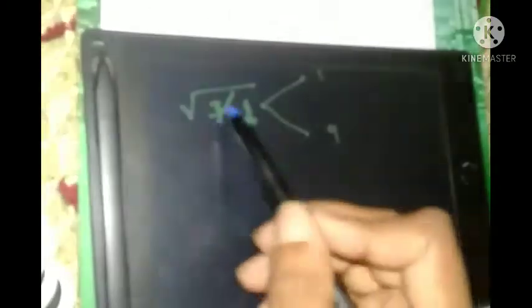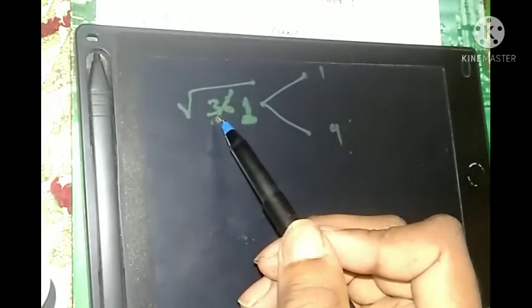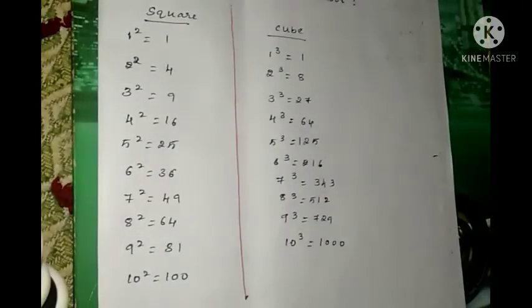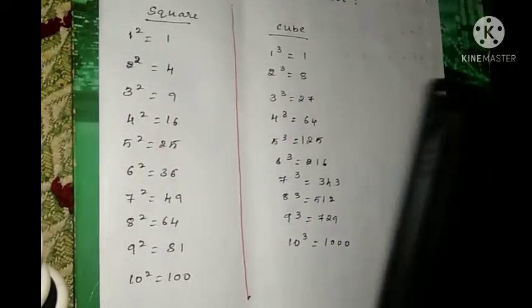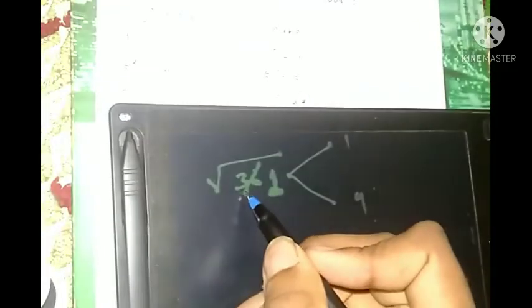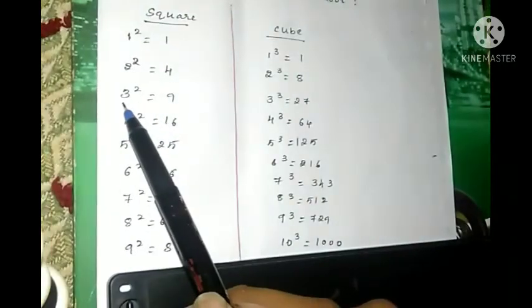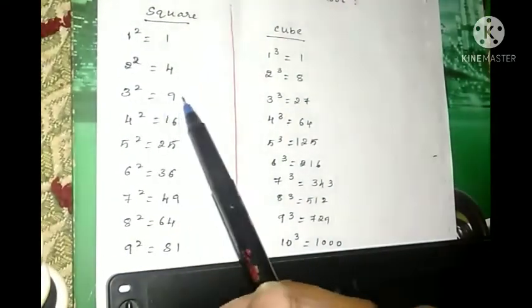And we see this 3 is there. Okay, the number whose square we take should not be greater than this number. Suppose we take 3 square, that is 9. 9 is greater than 3, but the number we square is always such that its square is less than or equal to 3.